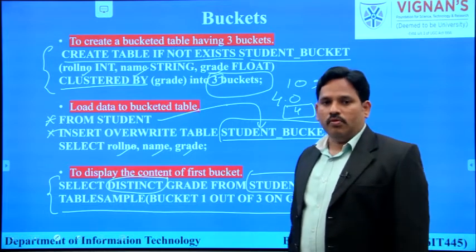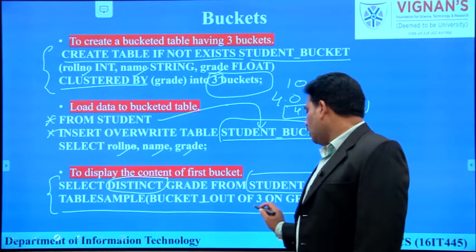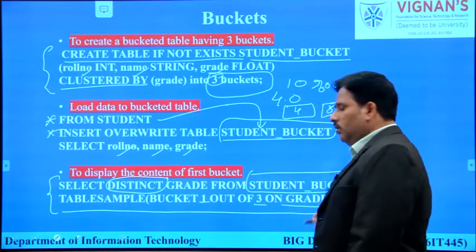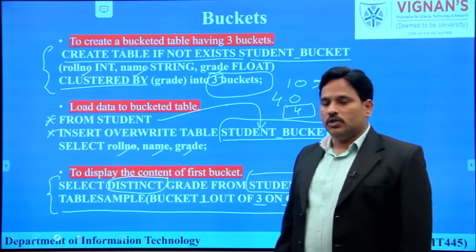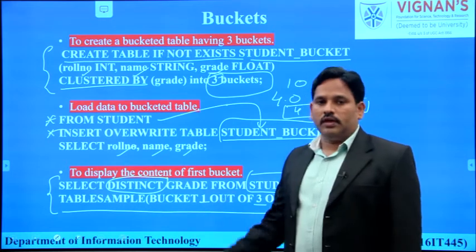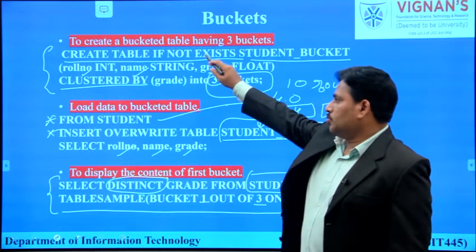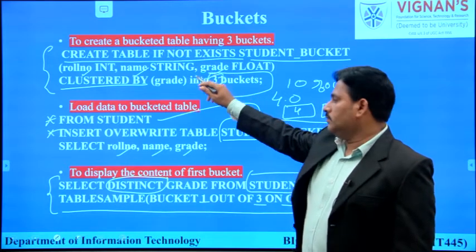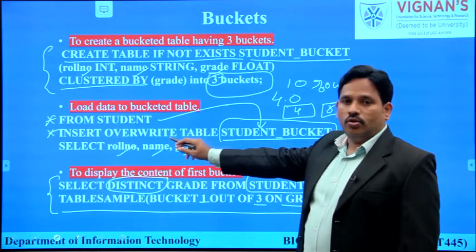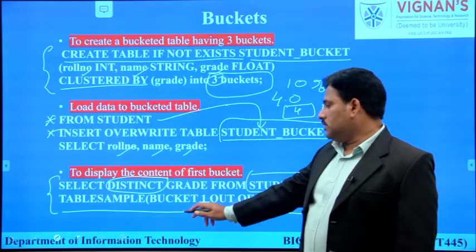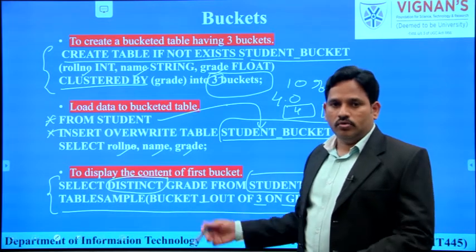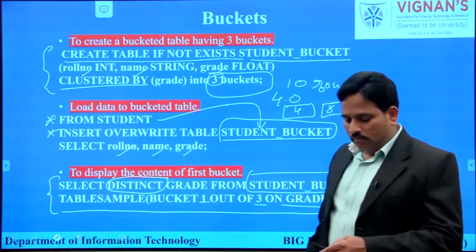We want to display only one bucket out of 3 on grade. If you want to display all 3, we can use 3 out of 3. Now the first 2 lines are used to create the bucket, these 2 lines are used to load the data into the bucket, and this line is used to display the values from the bucket.